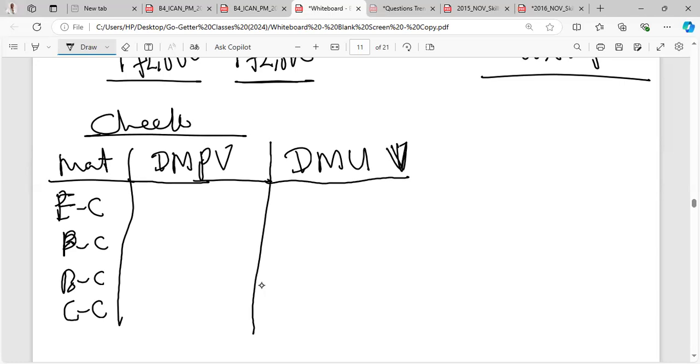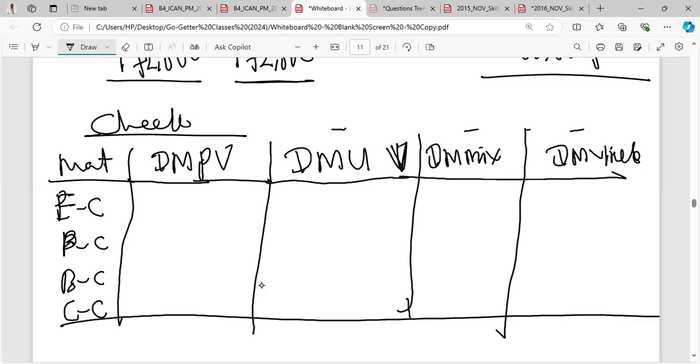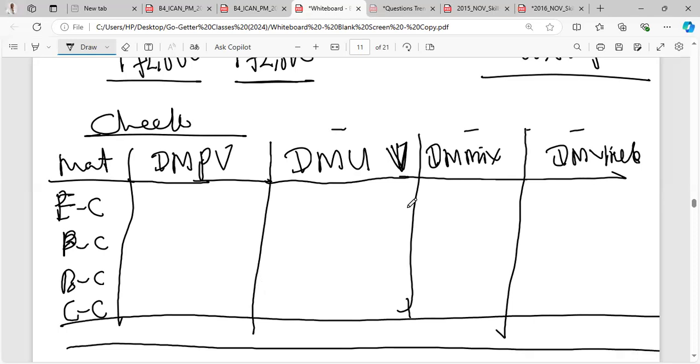This is direct material mix, direct material yield. Now we are only concerned about these, but this is a nice way to put all your answers in one table.